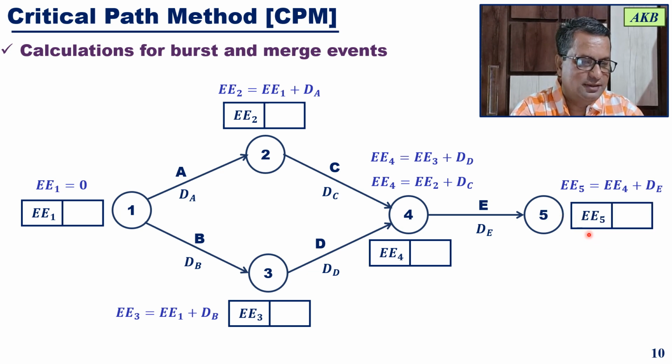Now you have the earliest event time, and now set the earliest event time for the last event equal to its latest event time. So EE5 is equal to LE5.